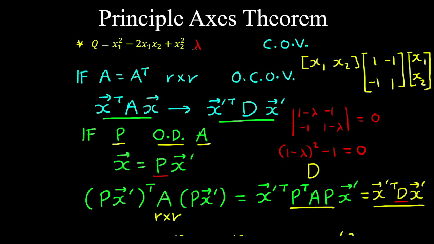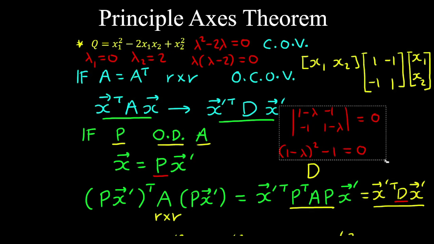So that would give lambda squared minus 2 lambda plus 1 minus 1 is equal to 0. So if you factor this, we'd have lambda 1 is 0 and lambda 2 is 2.